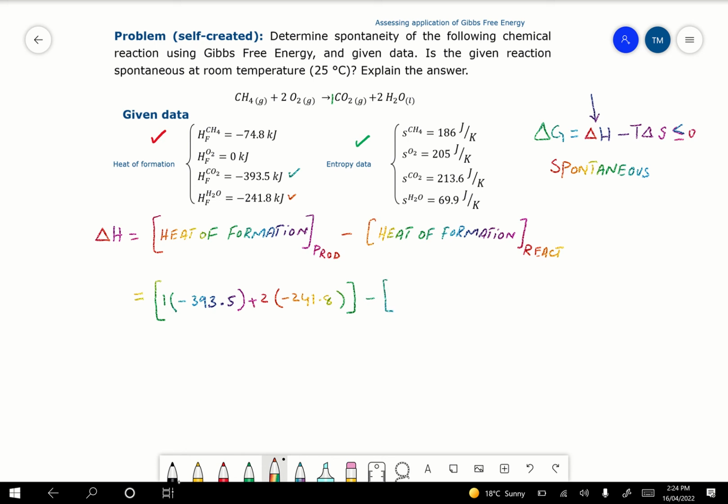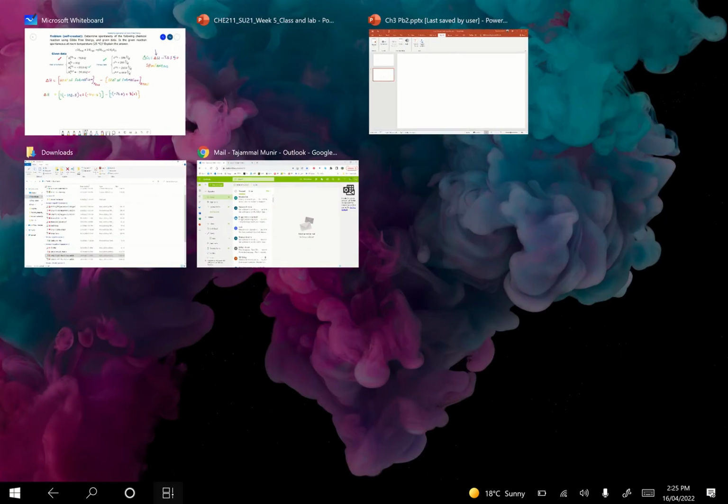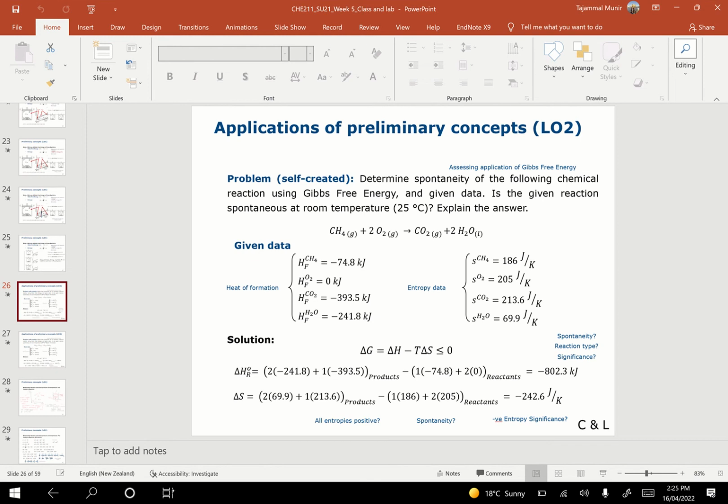First for CH4, CH4 is 1, so 1 into minus 74.8 plus oxygen, because this is in elemental form, for elemental form it's 0, so 2 into 0. So this is for the reactants.